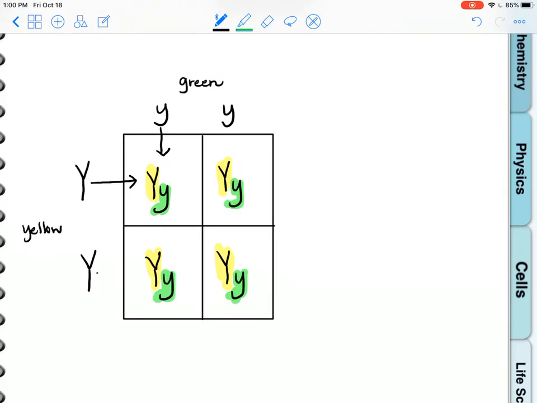So what can we say about all the baby pea plants that come from these parents? Well, each one of them has the dominant Y. So the genotype is this. We can't see that, but that's what the pattern is.